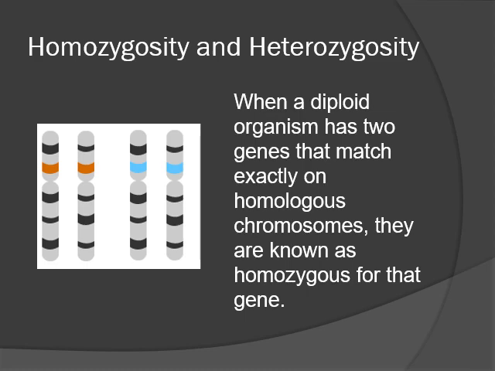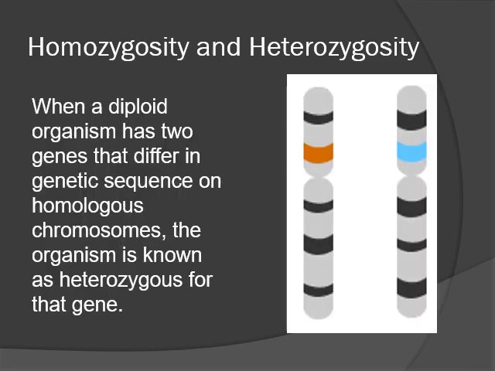Remember that? Good. If at the same locus on two homologous chromosomes you've got two different alleles, they're heterozygous. Homo meaning same, hetero meaning different.